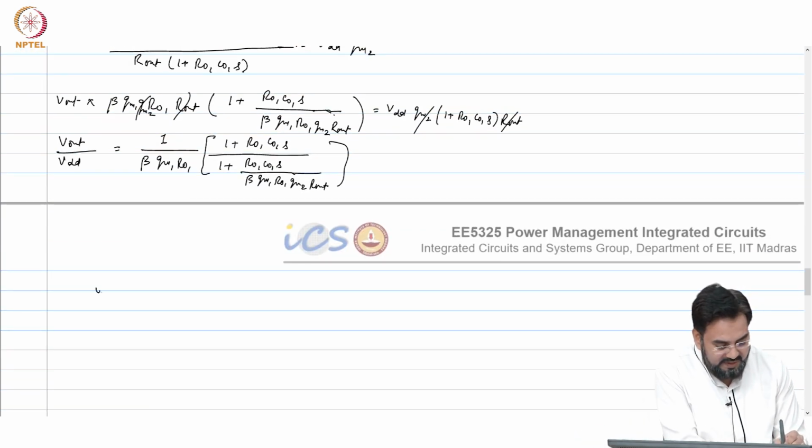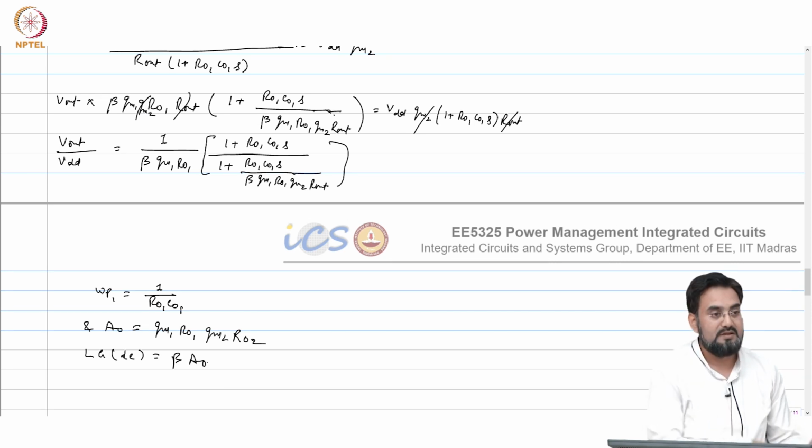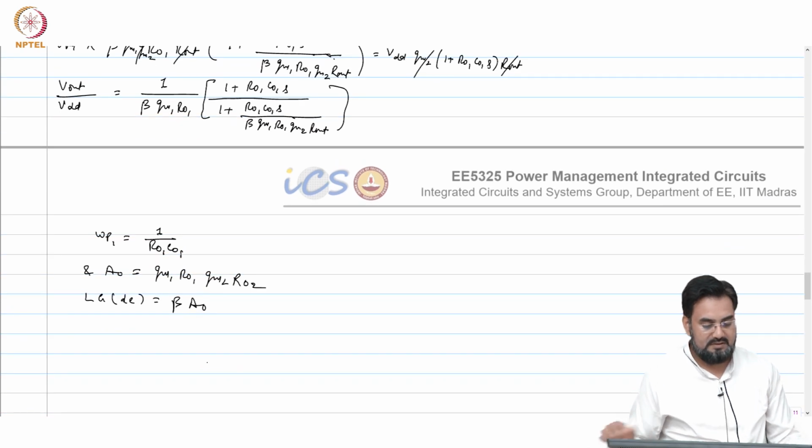Now we know omega P1 is R1 over R01 CO1 and my loop gain is A0. What is A0? Not the loop gain, basically the amplifier gain. GM1 RO1 GM2 RO2, and loop gain is DC loop gain beta A0. Okay.